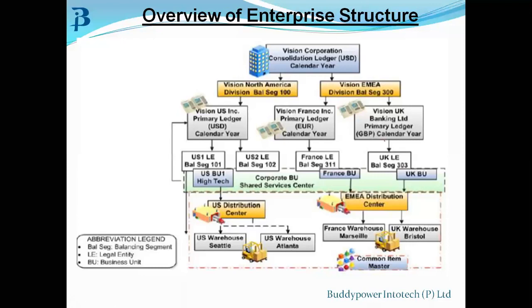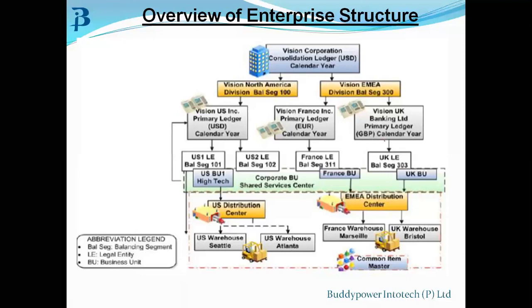As I said, once you have an account, you must make one of the segments a balancing segment. The system ensures that the journal entries are balanced, that is, debit equals credit for each value of the balancing segment. You should make the company segment the balancing segment.